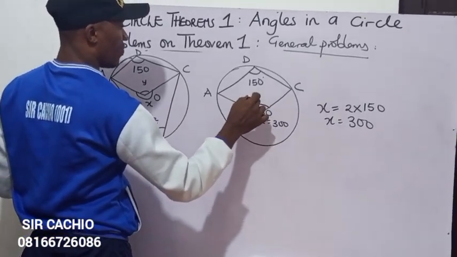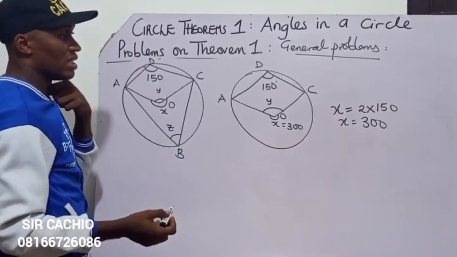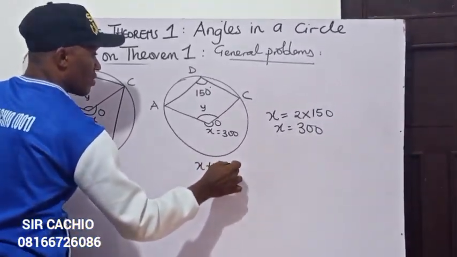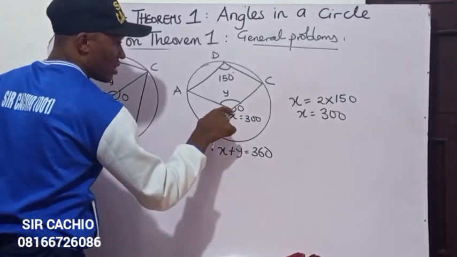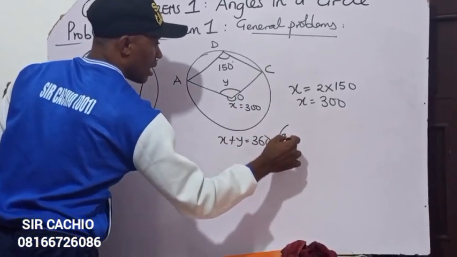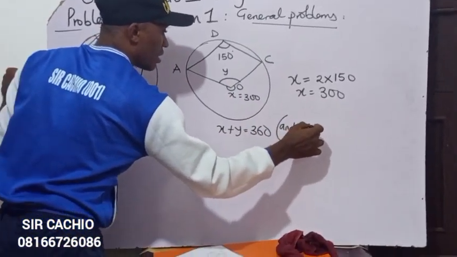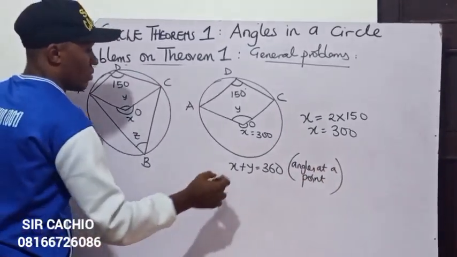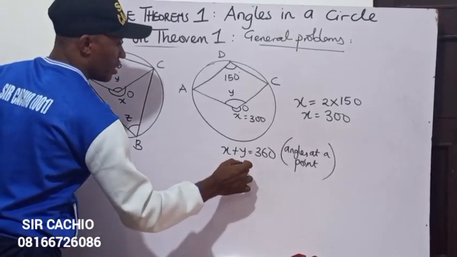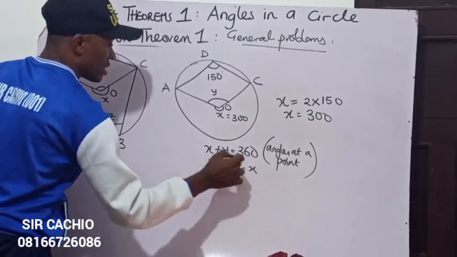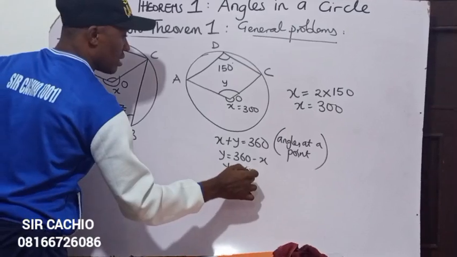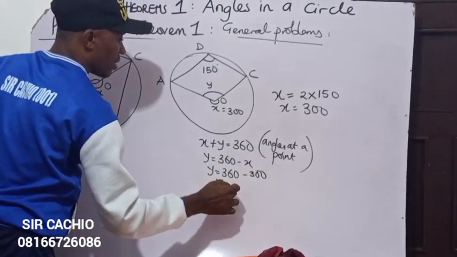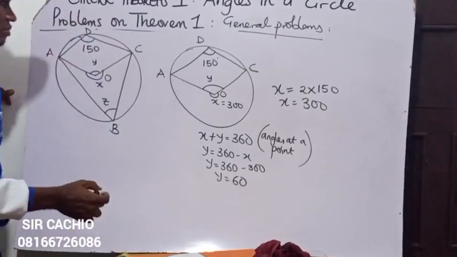And we can use the case of angles at a point, which is x plus y equals 360, because of angles at a point. Now my y will be 360 minus x. What is my x? 300. So my y will now be 60.